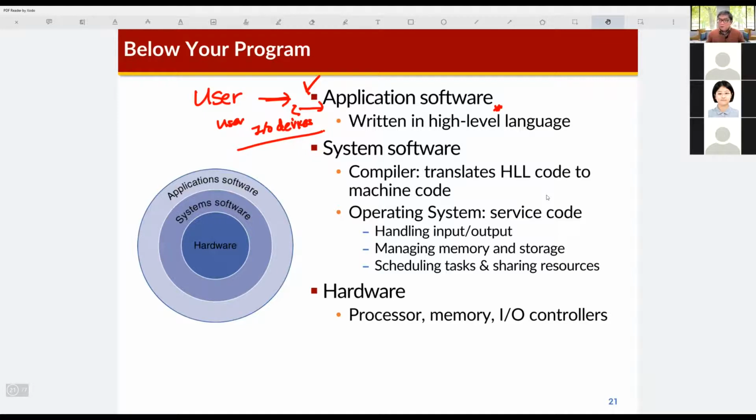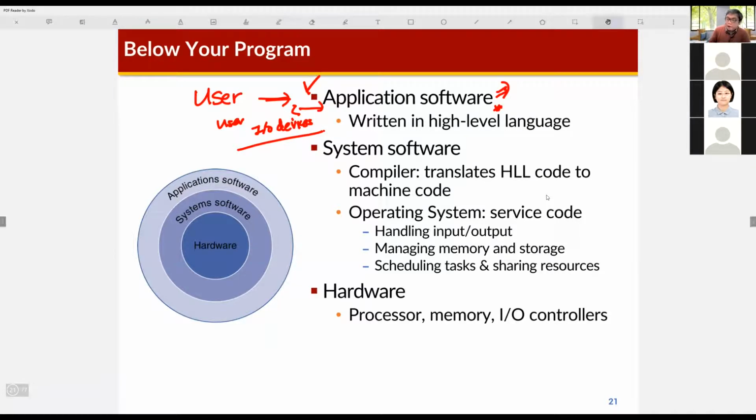When you play a game on the smartphone, we touch the touch screen. Also, we adjust the angle of our smartphone. These are examples of I/O devices. So that means the application software directly interacts with users. Okay.